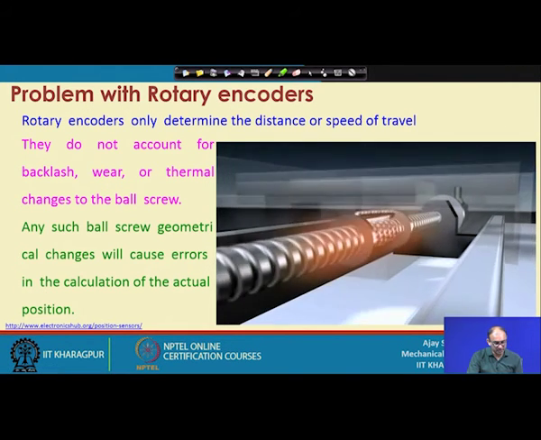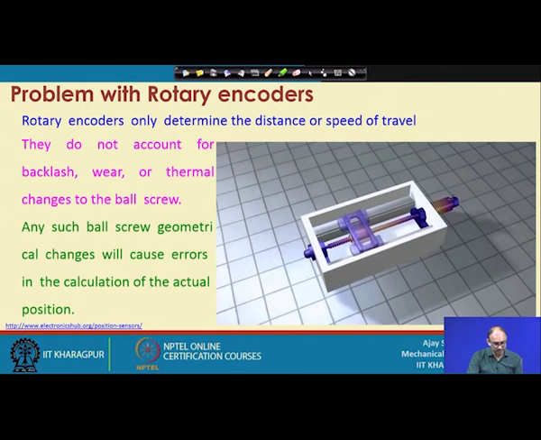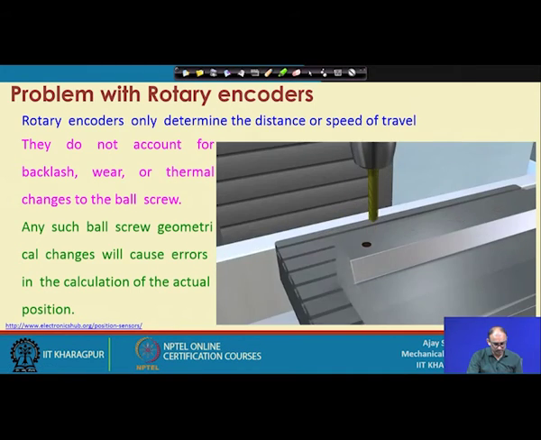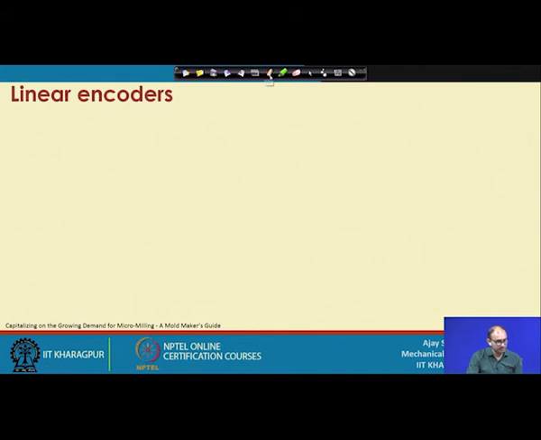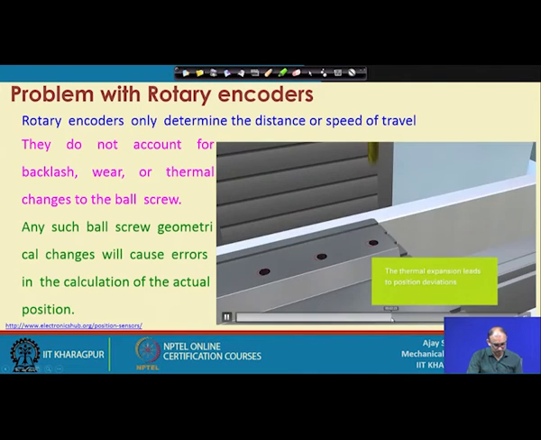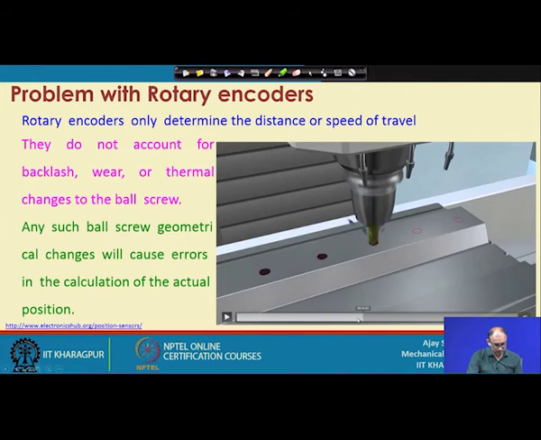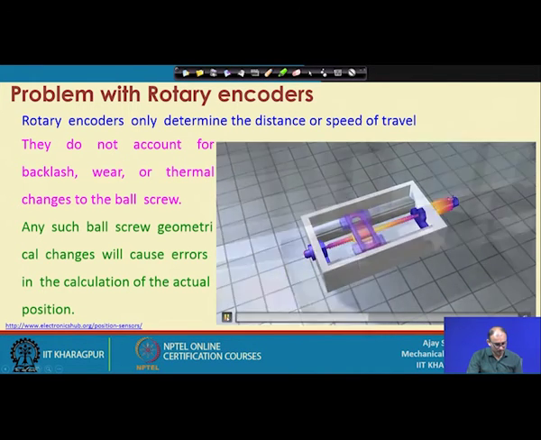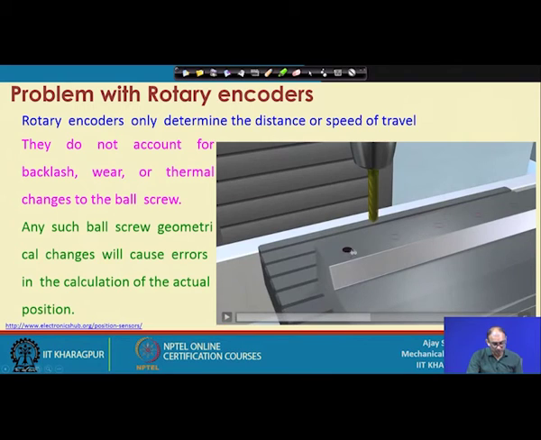So, now it is heating. Now you can see the temperature is increasing. The motor is also heated, and this particular ball screw or the lead screw is also heated. Now, consider that you want to drill holes. These are the points which are actually the locations where you want to drill.